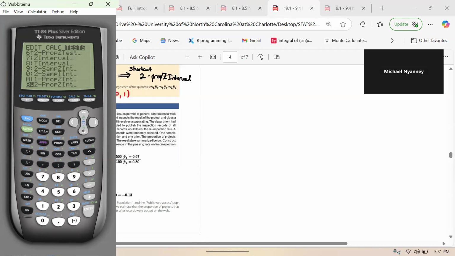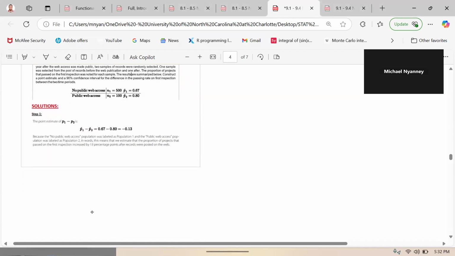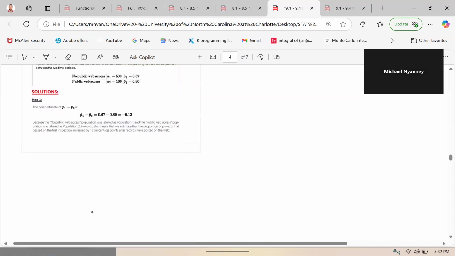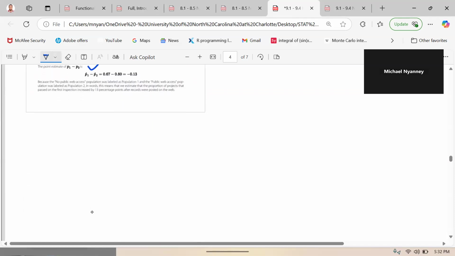Then we enter our s1, n1, s2, n2, and calculate. It gives us our interval. Very simple. And the point estimate of that is this. So if the question tells you to give a point estimate, it should be this.